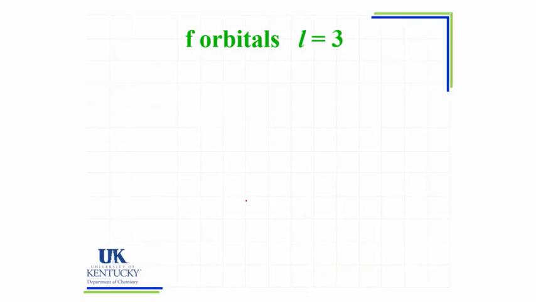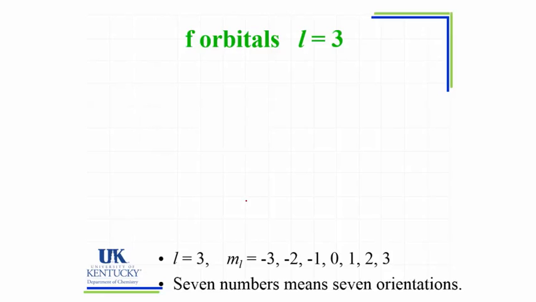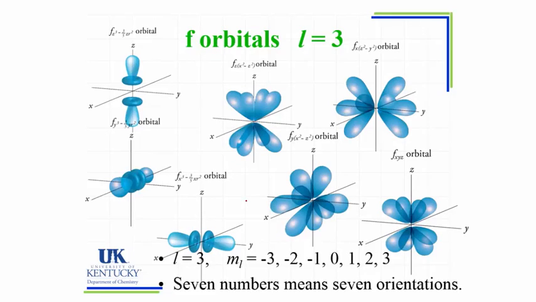Let's look at the f orbitals. When L equals 3, we know that the m sub l's are -3 up to a +3. There are 7 numbers, so that means there's 7 orientations in space. I'm going to pop all 7 up here at once. 4 of them look very similar. They have these 8 lobes associated with them, just oriented differently among the axes. 3 of them have a different shape along the x, y, and z plane.